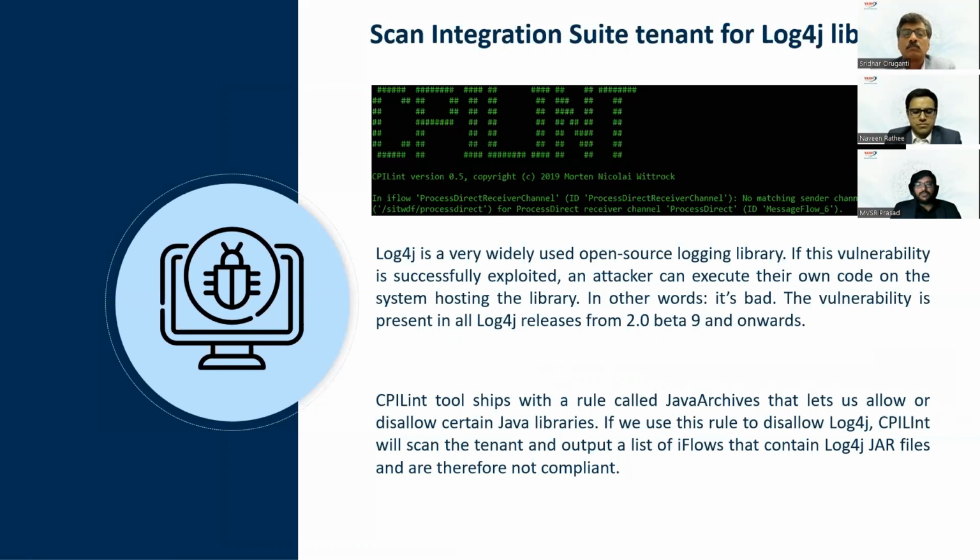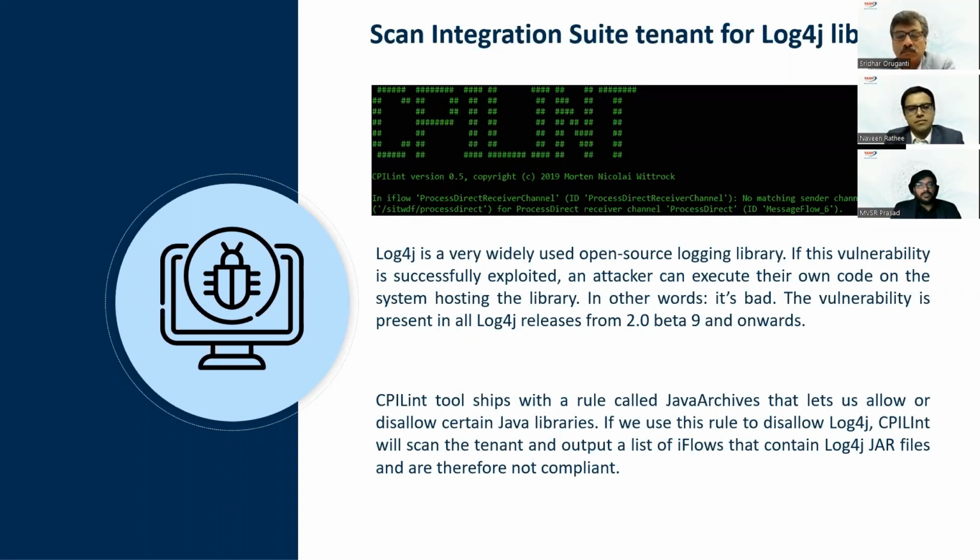So just to control the vulnerabilities and avoid any attacks, in terms of identifying the Java libraries and subsequently injecting distributed libraries which will impact the business data, CPLint is an open source tool. It's a command line tool that allows us to disallow certain Java libraries which may cause some damage to our integration scenarios.